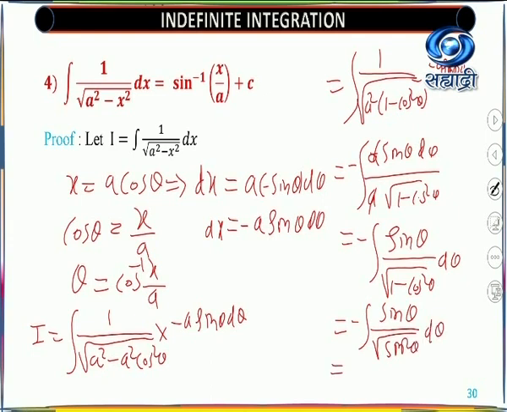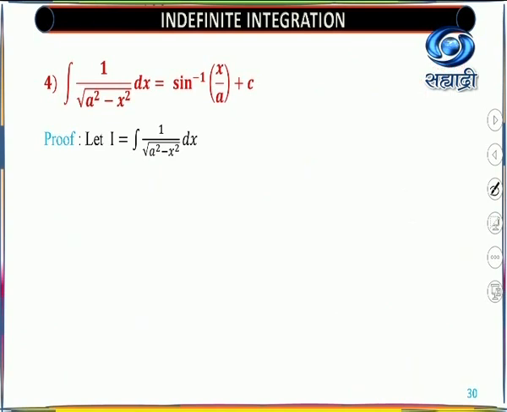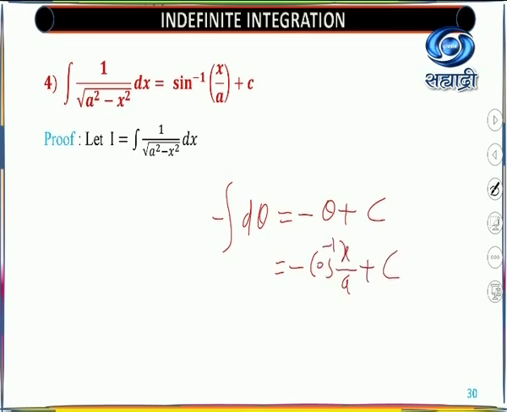Root of sine square theta is sine theta, so integral sine theta upon sine theta d theta. This sine theta and sine theta will get cancelled. You are left with integral of minus d theta, which is equal to minus theta plus constant of integration. And theta is cos inverse of x by a, so the answer is minus cos inverse of x by a plus constant of integration.